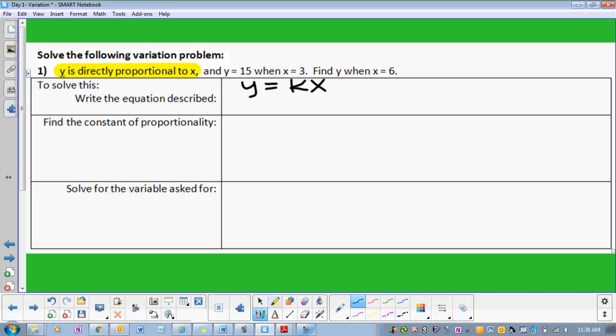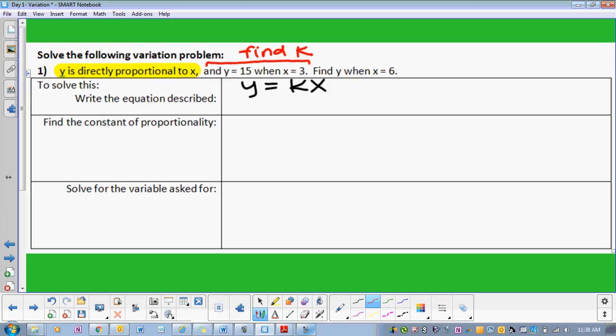The next thing you need to do is find the constant of proportionality, the thing that connects this relationship. That's your k. The next statement, where they tell you y equals 15 when x equals 3, is to help you find k, because they give you the y and the x, so you can solve for k.